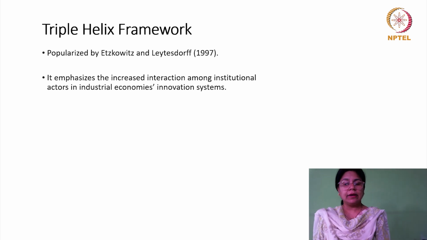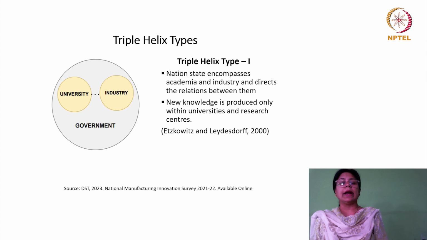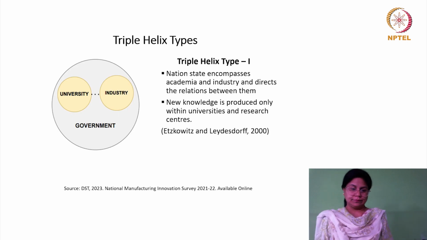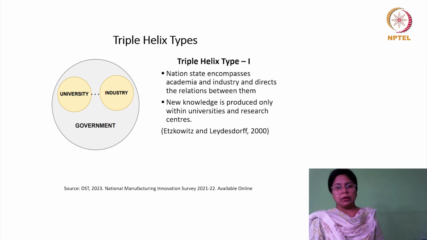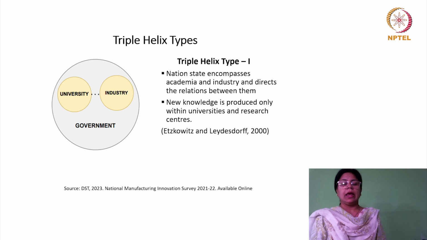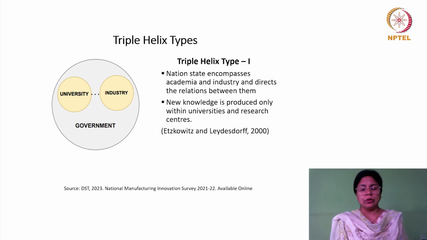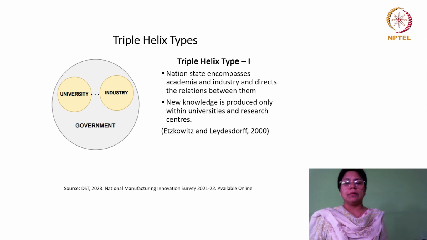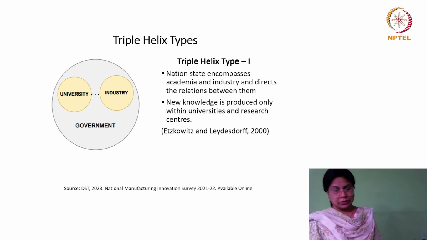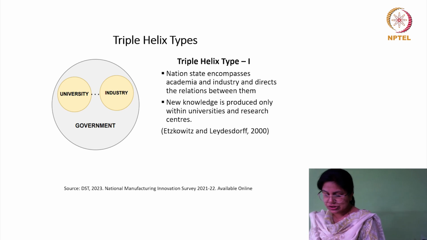So let us look at triple helix type 1. Here you have university, industry and government. The nation state encompasses academia and industry, and between industry and university there is a direct relationship. However, the knowledge which we are talking about is produced only within the universities and the research centers.